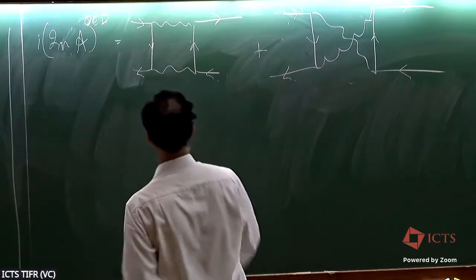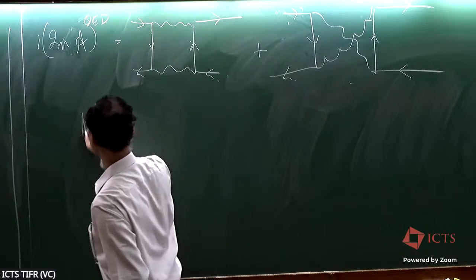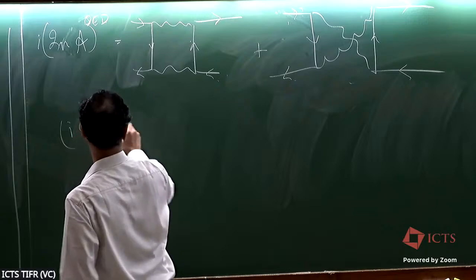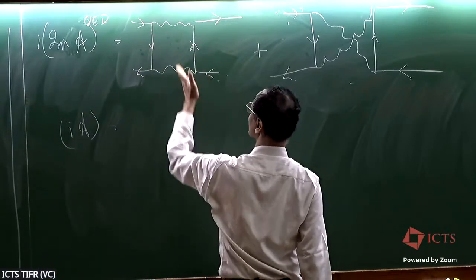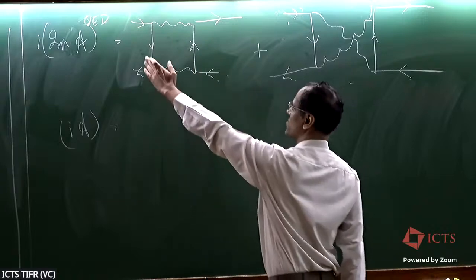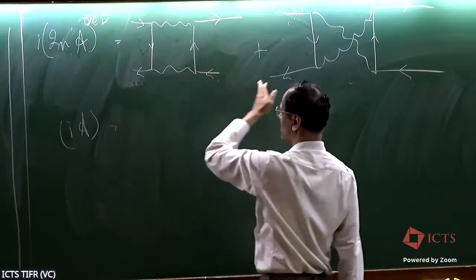Writing the diagram is really straightforward. It is just using the Feynman rules. There'll be propagators here, and V bar U, U bar V, and so on and so forth.